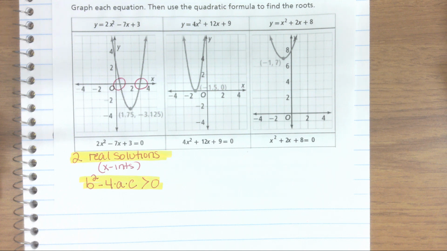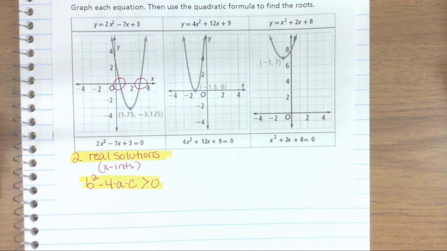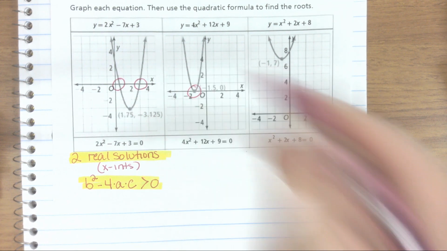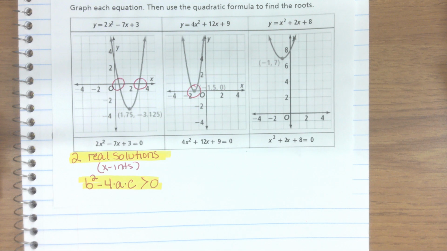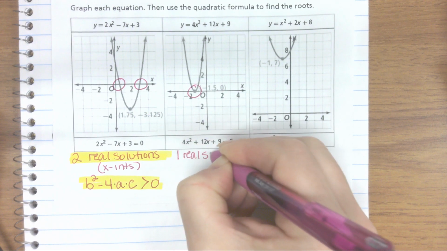Okay, here's a second example. In this example, can you just with fingers tell me how many solutions that has? Good. So you're figuring out when I say solutions, I mean x-intercepts, and I saw you guys have 1 finger up because this has 1 real solution or x-intercept.